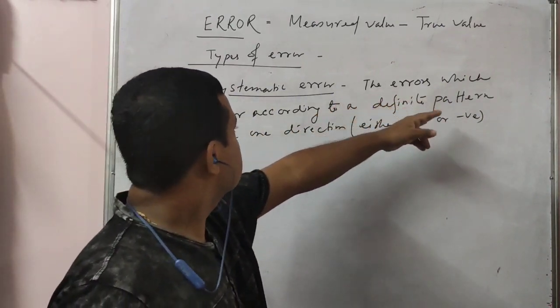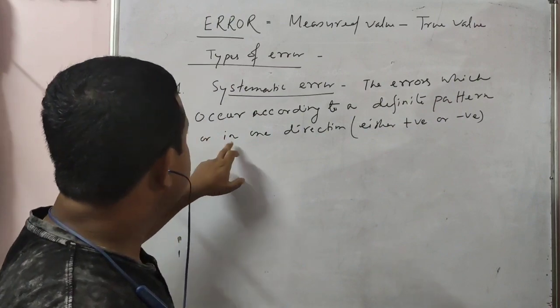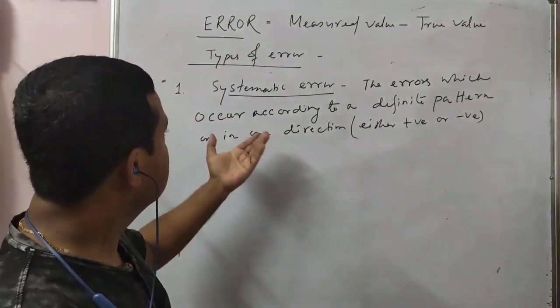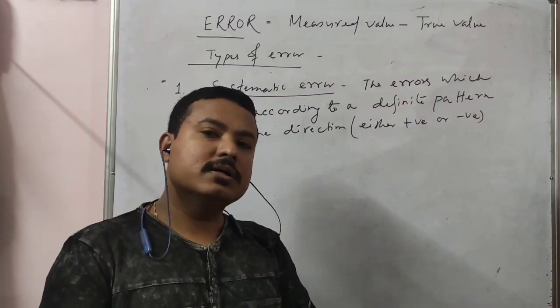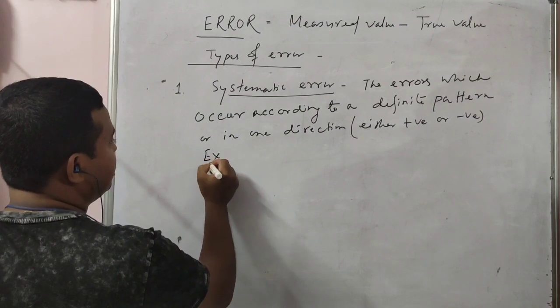So the errors which occur according to a definite pattern or in one direction, either positive or negative, then these errors are called what? Systematic error.